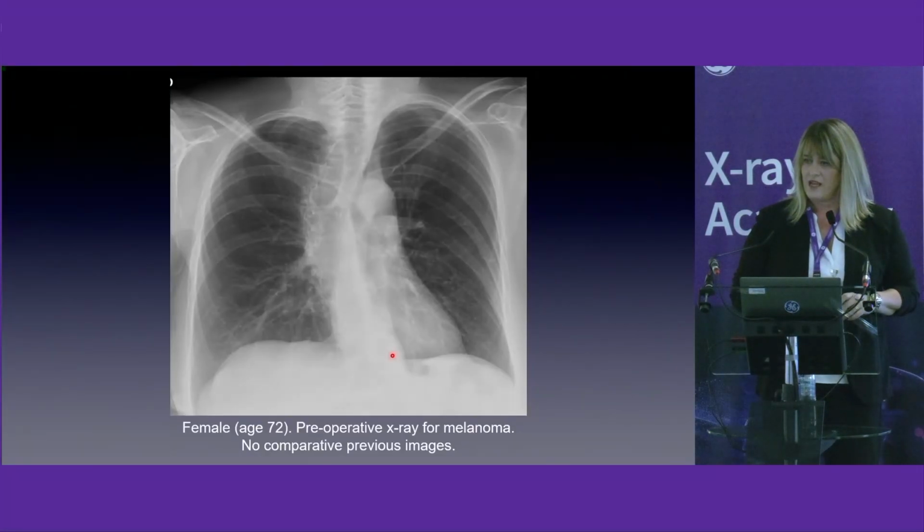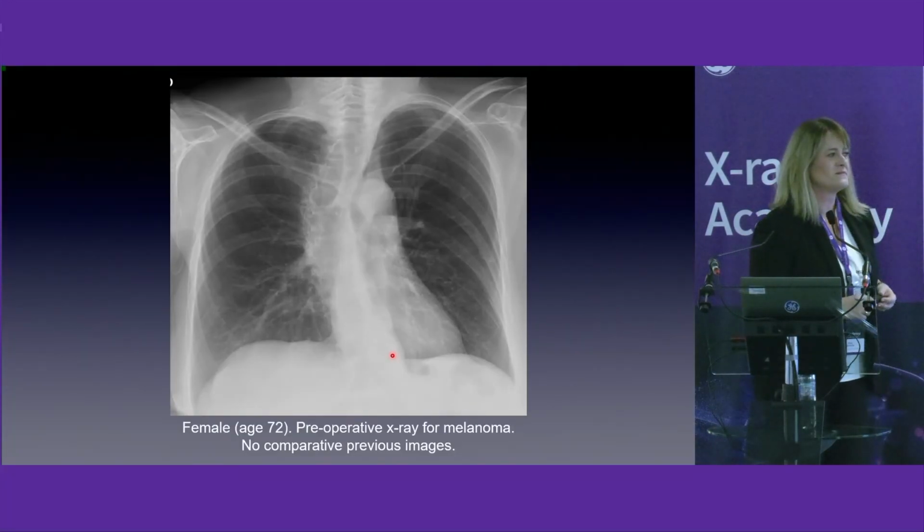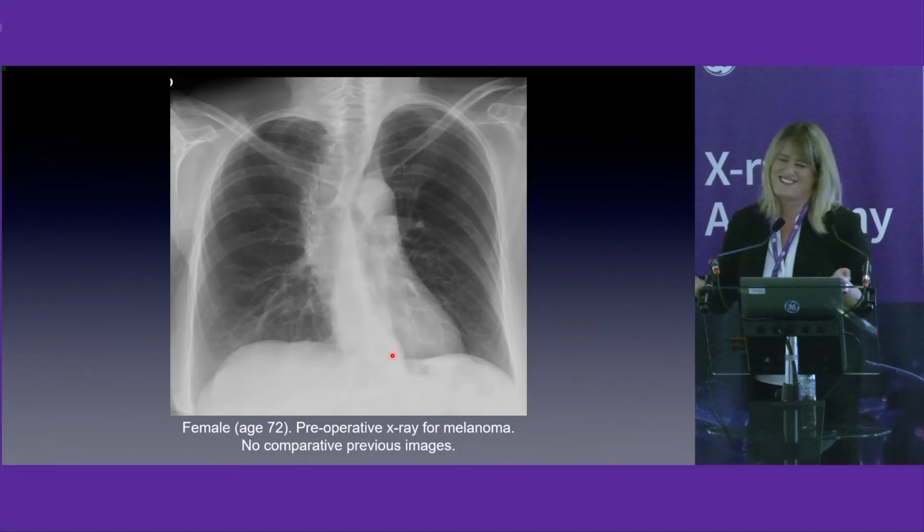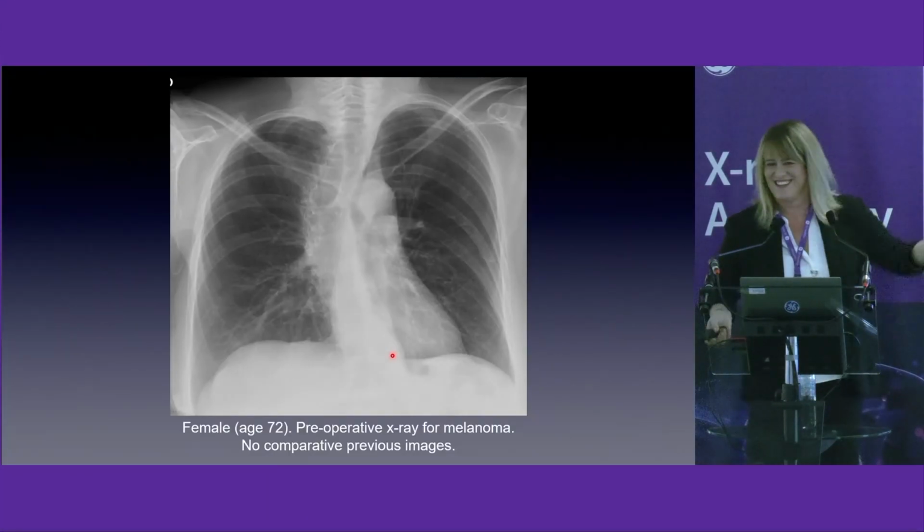Female, age 72, pre-operative X-ray for melanoma. We do not have comparative previous images. Is there anything that you can highlight? Again, nodule. Of course. Ça va sans dire.